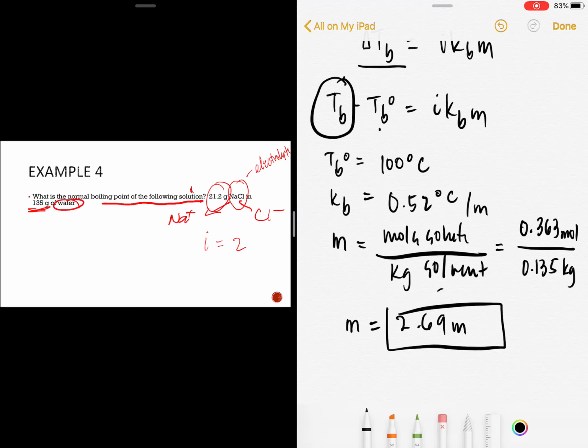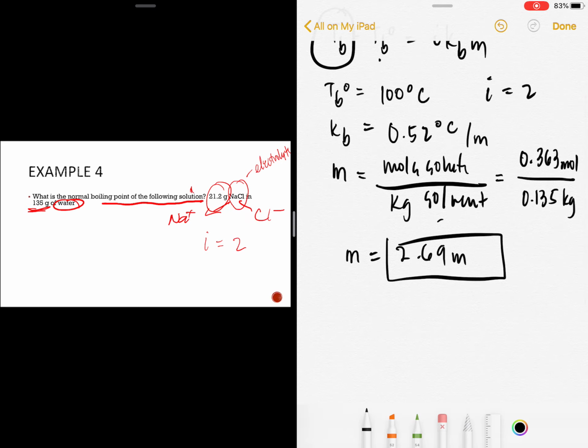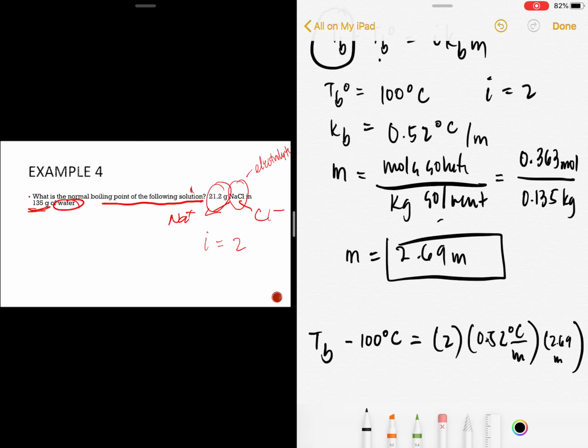So you now have all the terms, and the Van 't Hoff factor is 2. Now just substitute. So TB, this is what we're looking for, minus 100 degrees Celsius is equal to, what's next? i, 2, Kb, 0.52 degrees Celsius per molal times 2.69 molal.